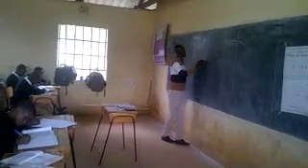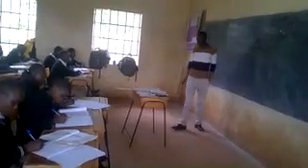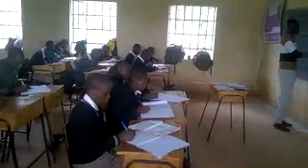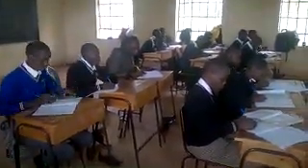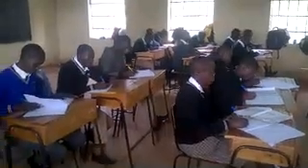Let us write: use logarithm to evaluate 4.2 times 8.7, everything divided by 5.6.